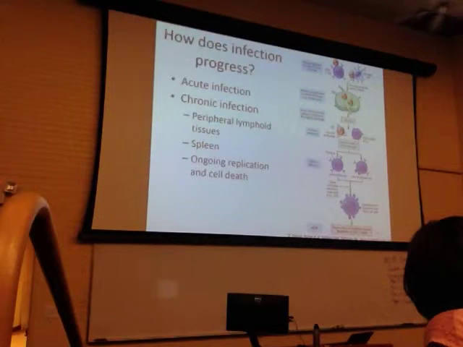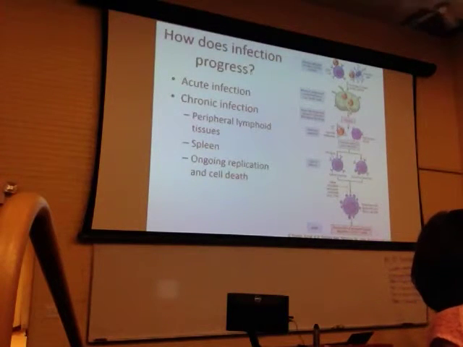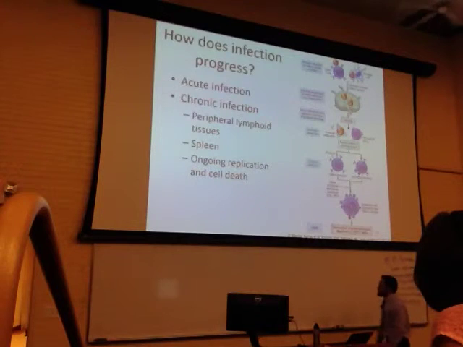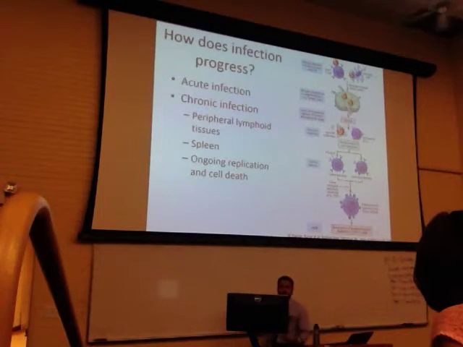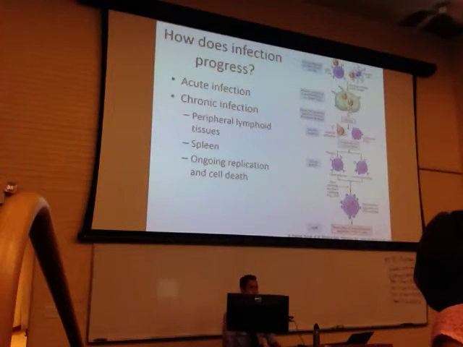And then later on, when it decides that it's time, and it's an opportunistic virus, there could be a stressor or a stimulator that takes it out of its clinical latency, and once it is out of its clinical latency, it moves into full-blown AIDS, which is acquired immunodeficiency syndrome.